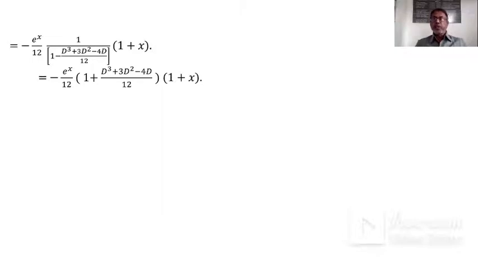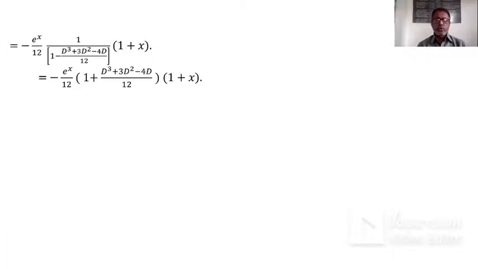If we expand this, each term is of order greater than 2, and for 1 plus x, its second order and higher order derivatives are 0. Therefore, we avoid those terms, and simplifying, this is equal to minus e to the power x upon 12.